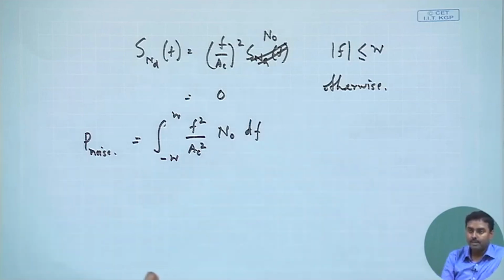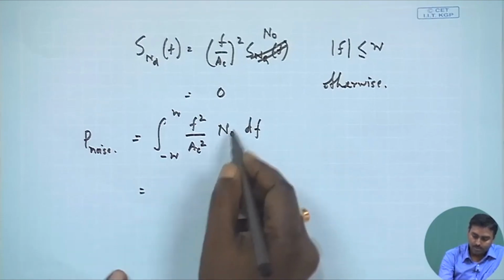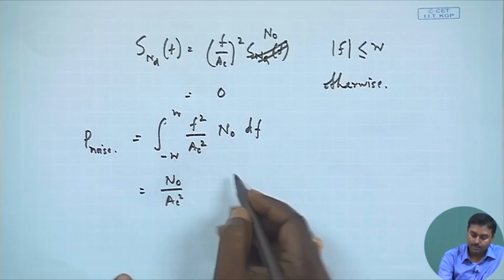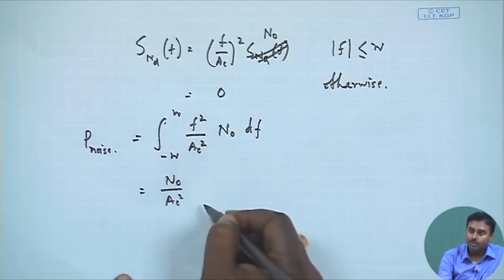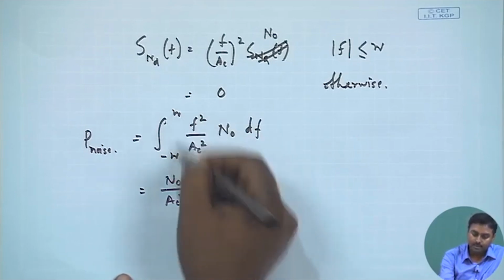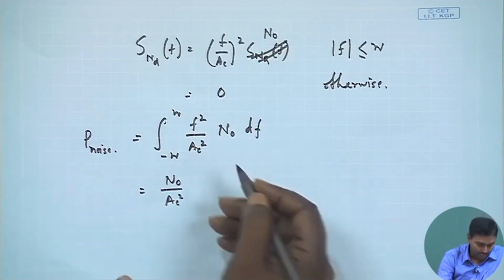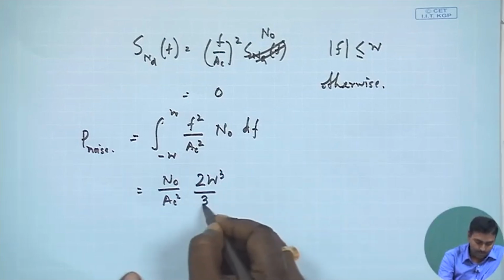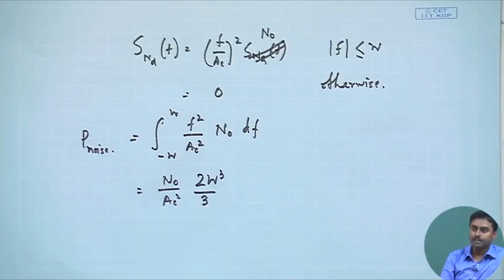That must be my overall noise power. So, N0 by A_c^2 goes out, this is f^2. So, it will be f^3 divided by 3, and then if you put W, that becomes actually 2W^3 divided by 3. This is the noise power.